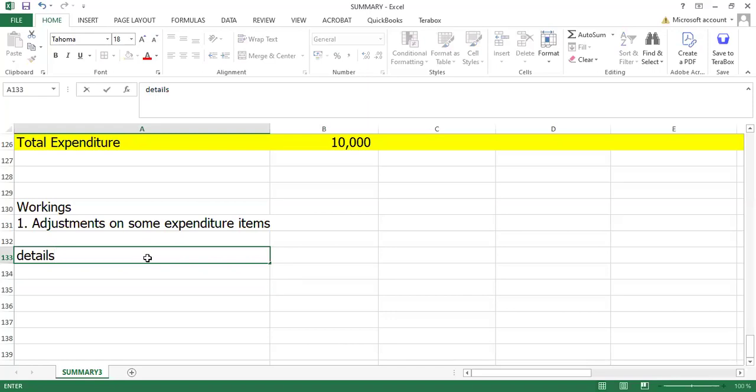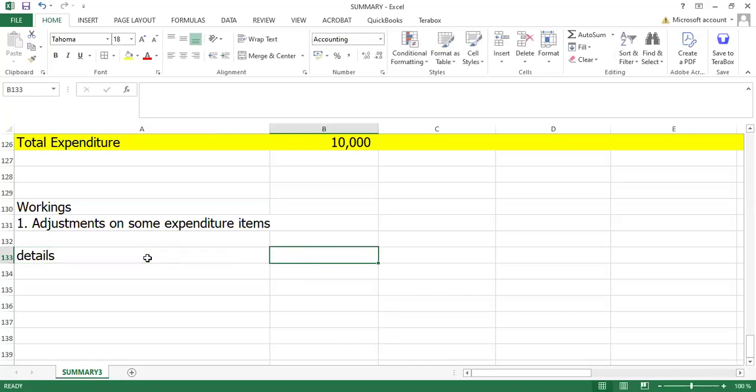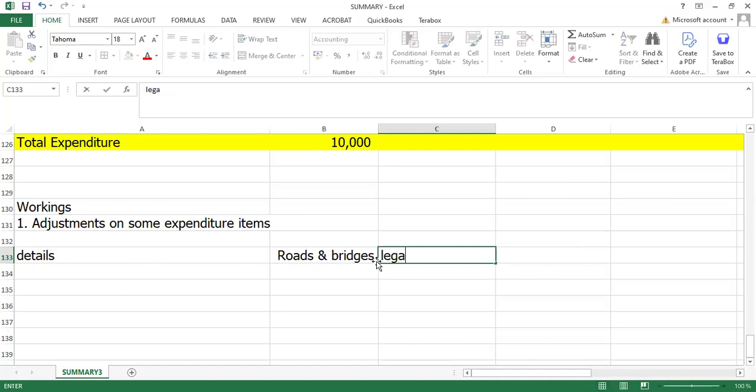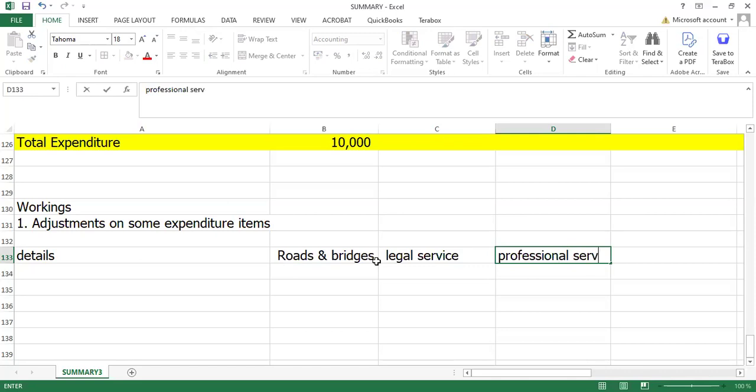I put those expenditure items like roads and bridges in column form. Roads and bridges development. Then you have the legal service. Then you have the professional service.